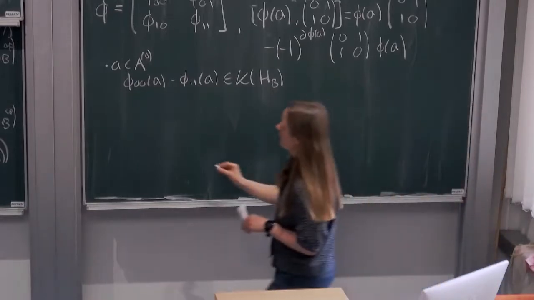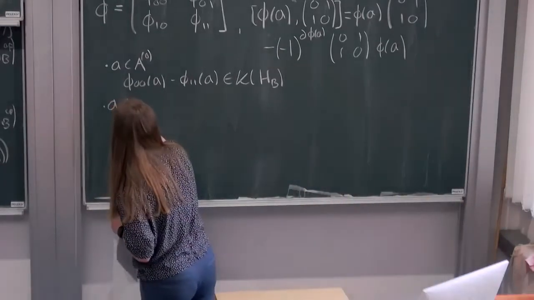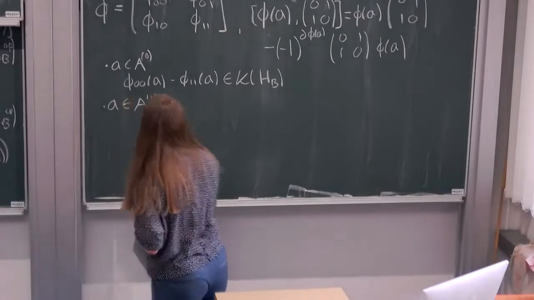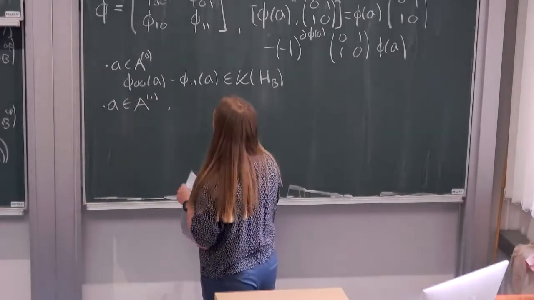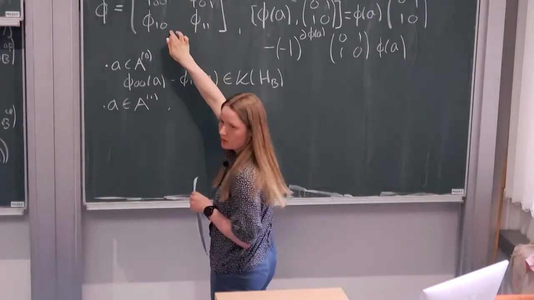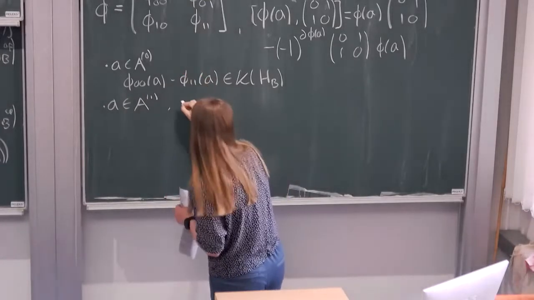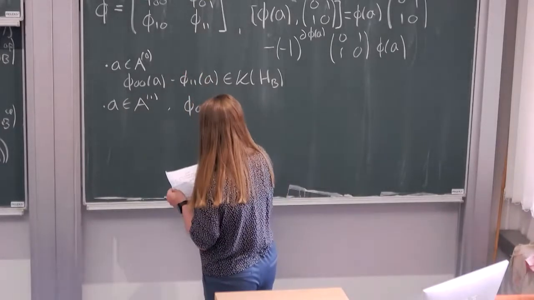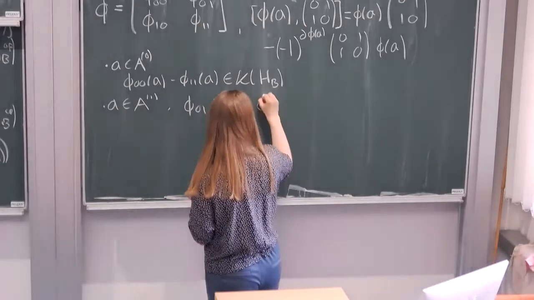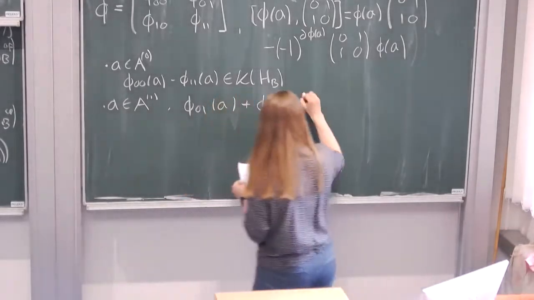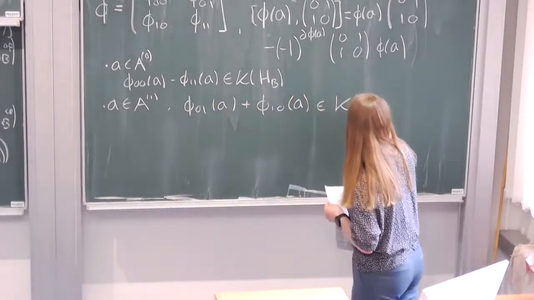But when we have an a inside A1, then we get a plus instead, and then we would have these two star homomorphisms: phi 0,1 of a plus phi 1,0 of a being in K of HB.